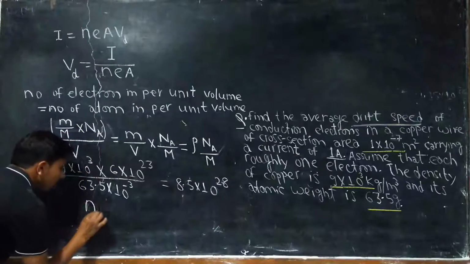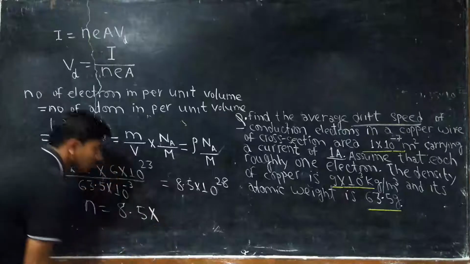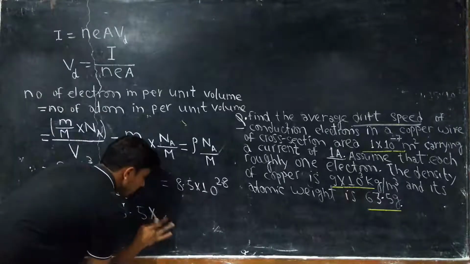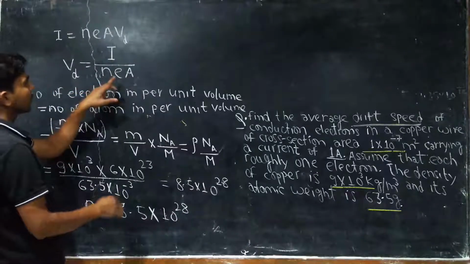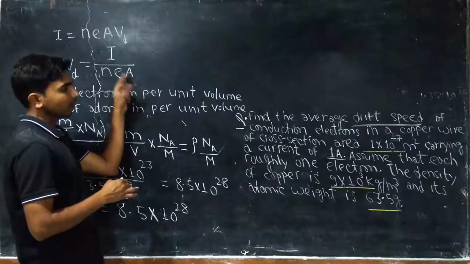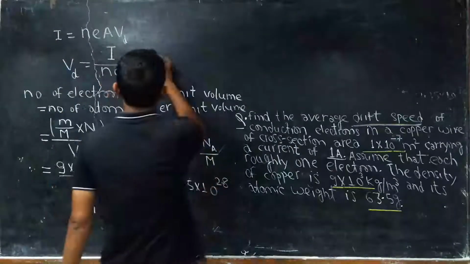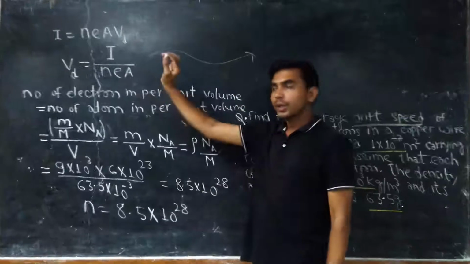And the number of electrons per unit volume is represented by n, so you got the value of n. E is already known to you, and A is the area that is given in the question. So by substituting all the values in this formula, we are able to get the answer.